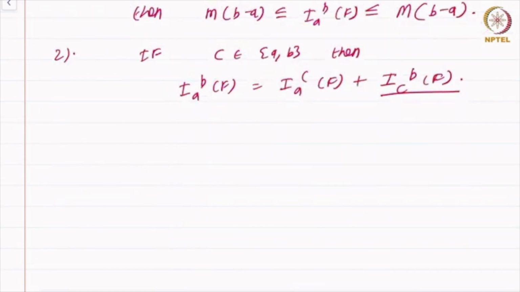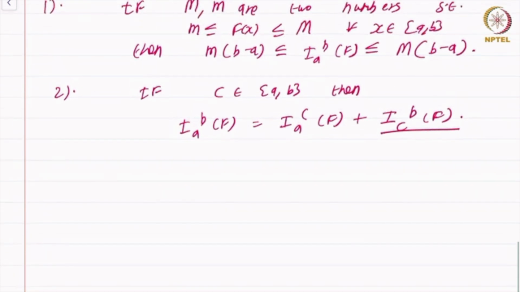Okay, so before I write down the conclusion, let me tell you what these two axioms are trying to say. This IAB of f is supposed to be the area under the graph of f.